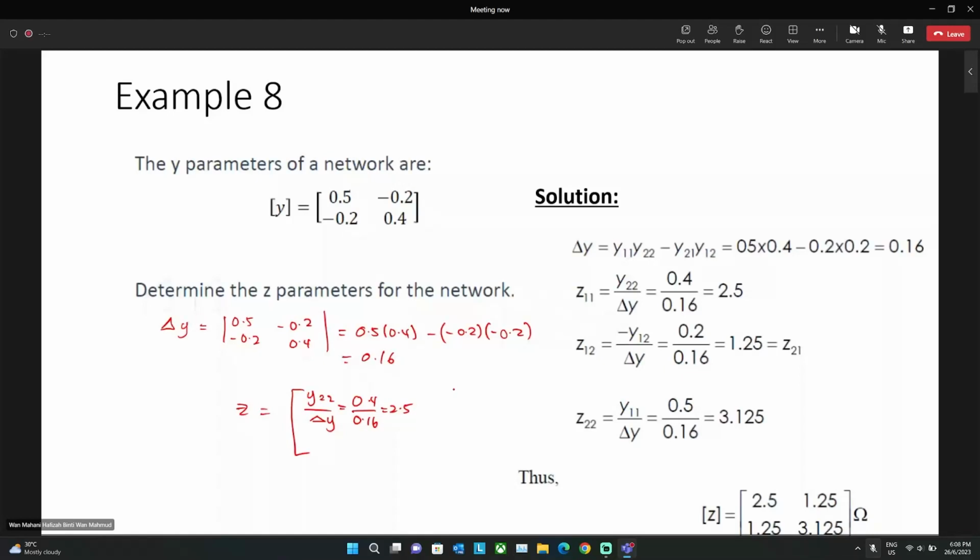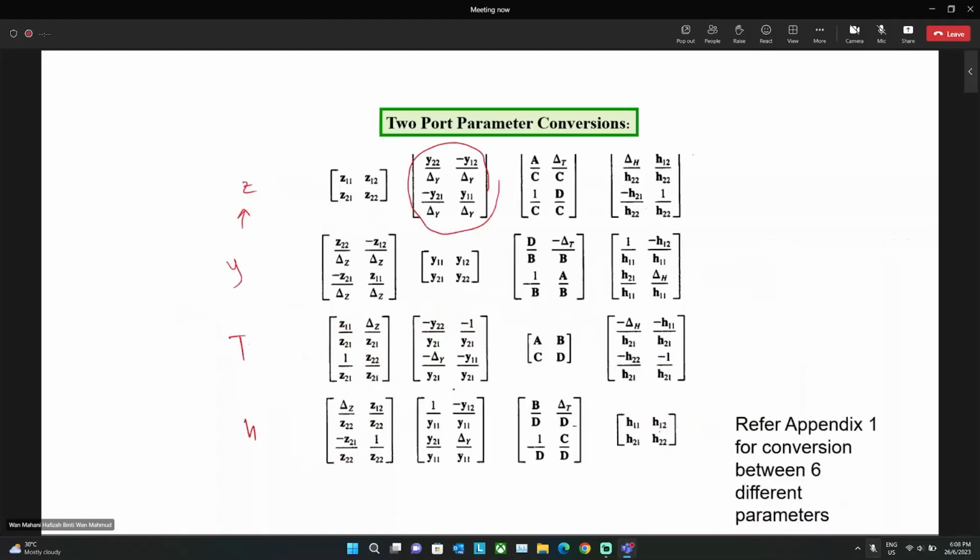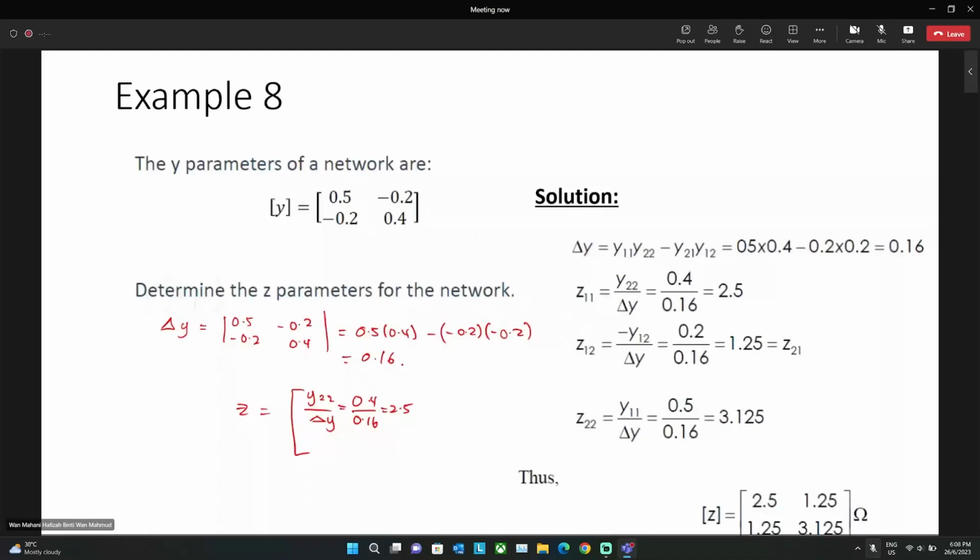Z12 pula berapa tadi? Negatif Y12 divide with delta Y. Y12 berapa? Negatif 0.2. So negatif negatif 0.2 bahagi delta Y 0.16, 0.2 bahagi dengan 0.16 dapat 1.25.